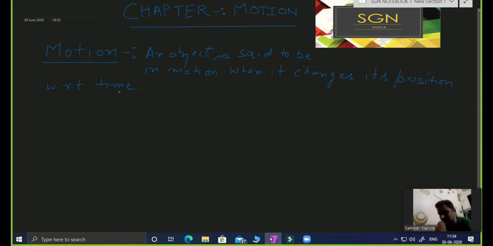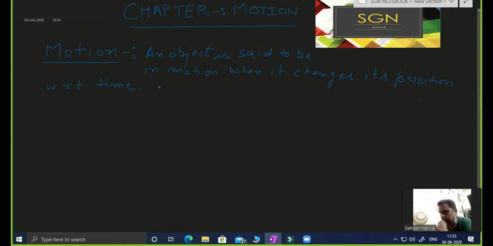As time progresses, the train is moving its position with respect to time, with reference to a stationary object, which is you. That is the definition of motion, one of the simplest definitions.